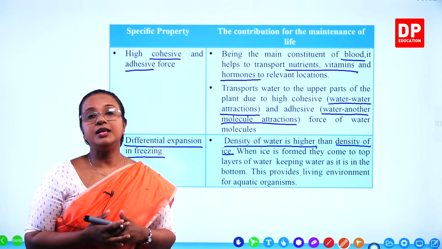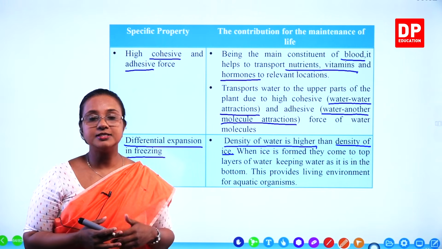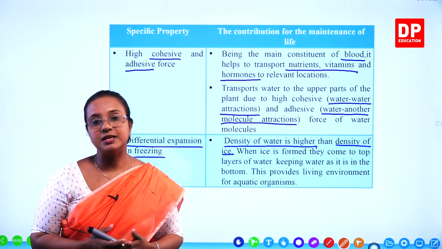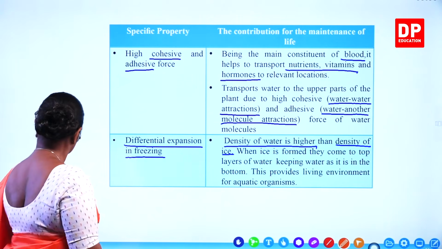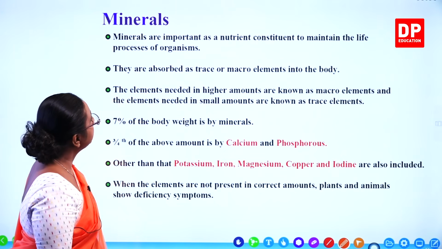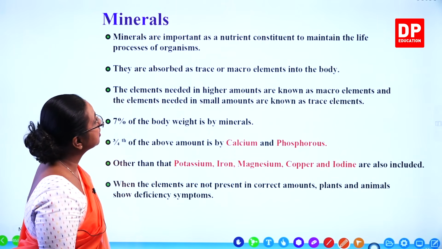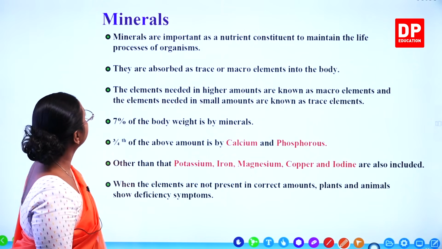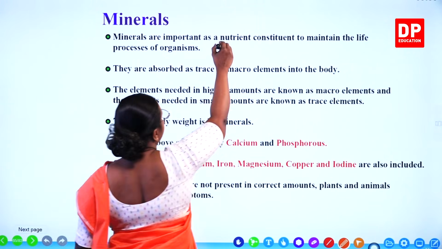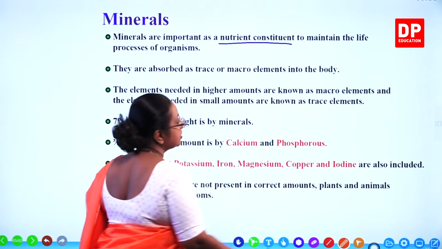The next main inorganic component is minerals. Now, we will discuss minerals. Minerals are important as a nutrient constituent to maintain the life process of organisms. So, here they are nutrient constituents.